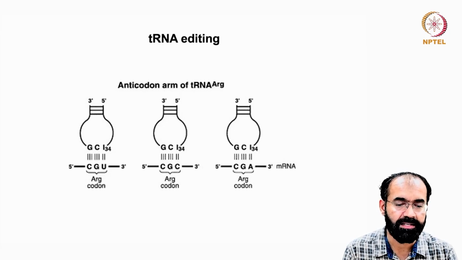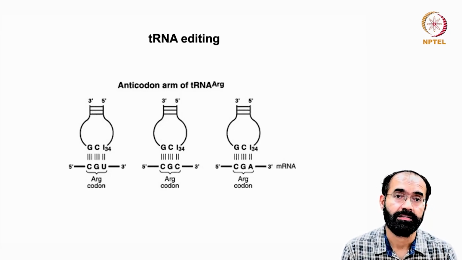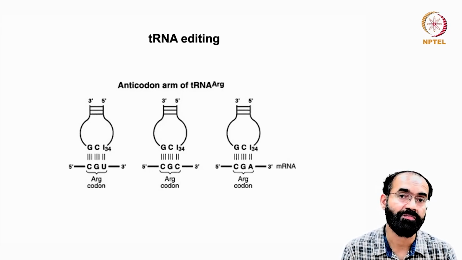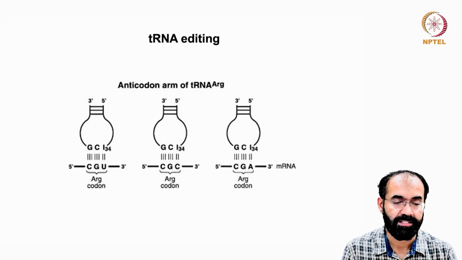Now let us see another arginine codon, CGC, and you have G, C and I, and technically it should have been G, C and G, but we don't have a tRNA with that. And then comes CGA, another codon of arginine. It should have paired with G, C and U, and you don't have that. All you have is GCI, but we already mentioned that inosine has equal affinity for all the bases. So CGU can easily pair.